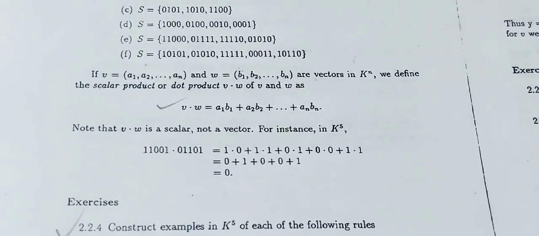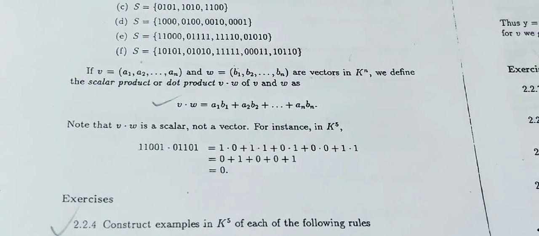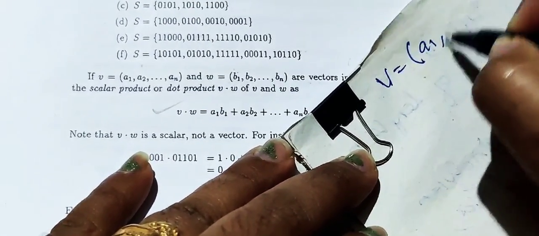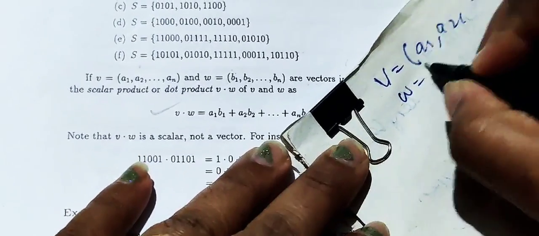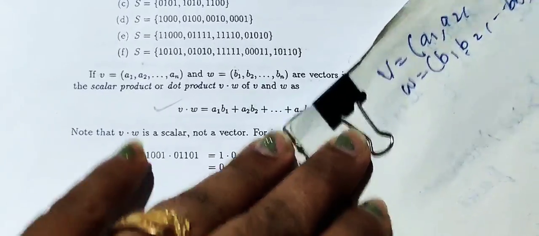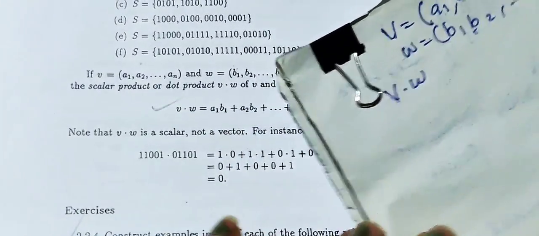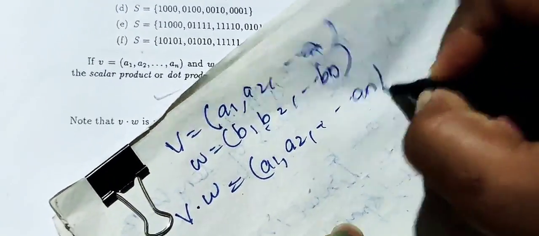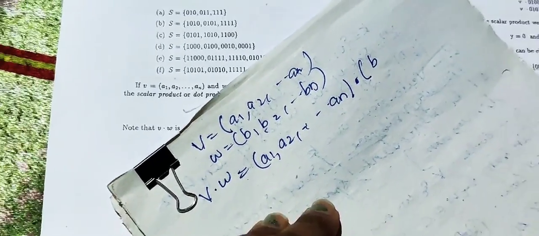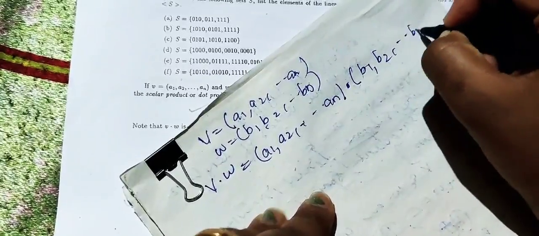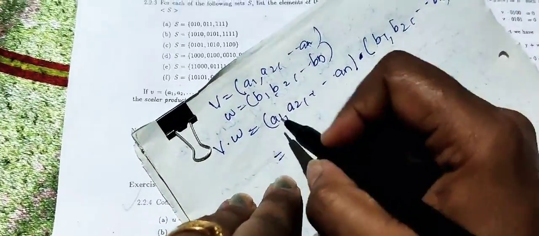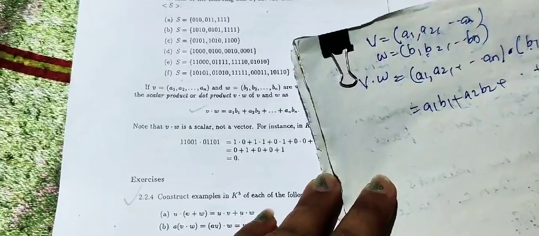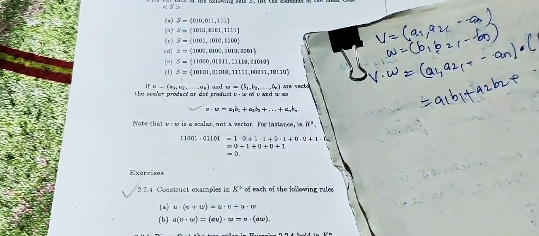We define the scalar product or dot product V dot W of V and W. That is, A1, A2, etc., An dot B1, B2, etc., Bn is equal to A1 B1 plus A2 B2 plus etc. plus An Bn. So that is the dot product of two words.